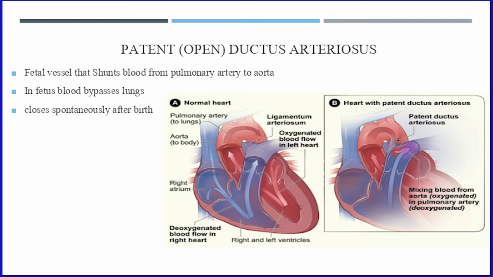It allows blood to shunt around the lungs, because while we're inside our moms, we don't breathe the same way that we breathe in the extrauterine environment. It normally closes spontaneously shortly after the baby is born.